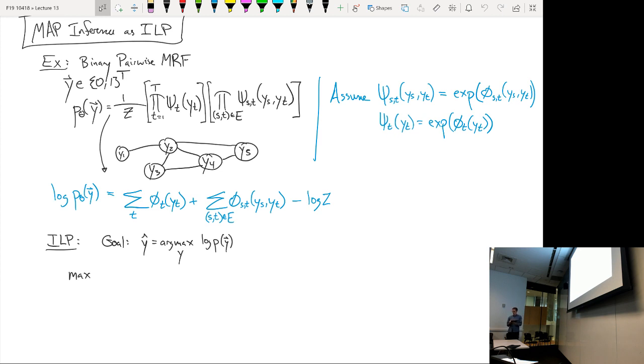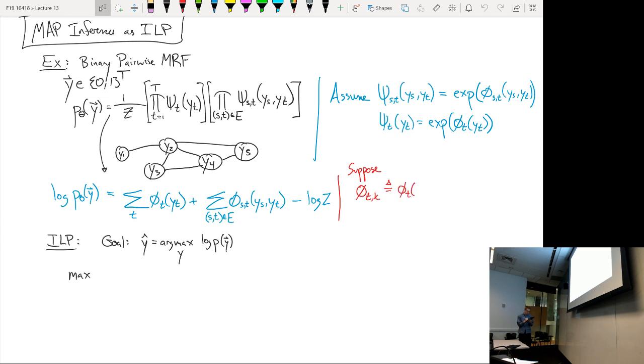Let me give you a little bit of a hint here. So suppose that we can actually index into these little phi factors. So how are we going to do that? We'll say that phi tk is defined as phi t of k.